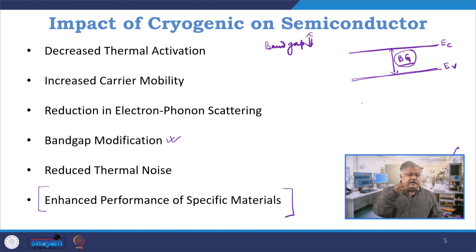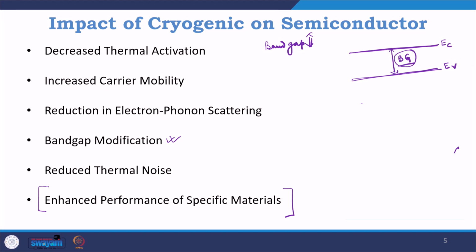Let us assume that it is getting degraded, which means I require an algorithm or material which will not sacrifice the performance of the device at low temperature. That's where many new materials are coming into the picture for cryogenics. But as of now, for this program, we will stick to silicon for all practical purposes.